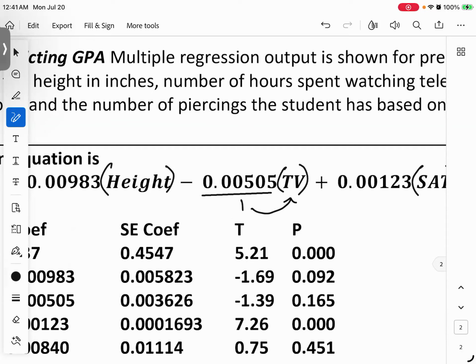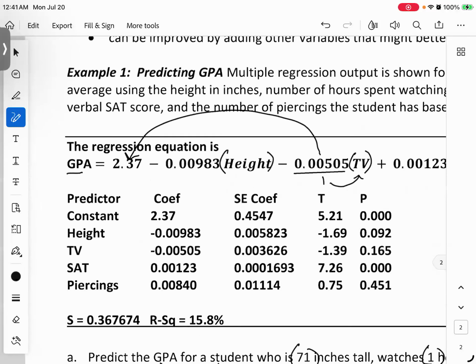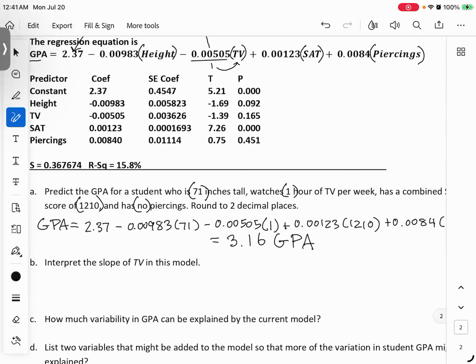And so for each additional hour of TV that someone does per week, is it going to help or hurt their GPA? Well, it's going to hurt it, right? Because of the negative sign. Your GPA is going to go down, which I hope kind of makes sense. If someone is maybe spending too much time being distracted by the TV, maybe they're less often studying.